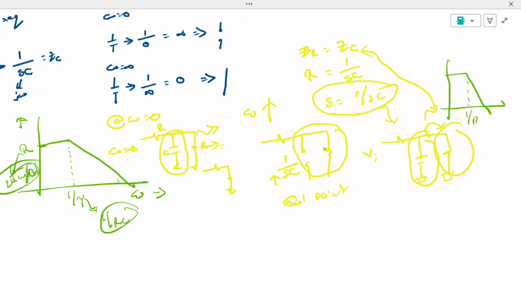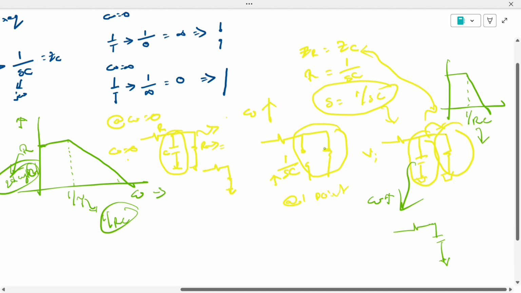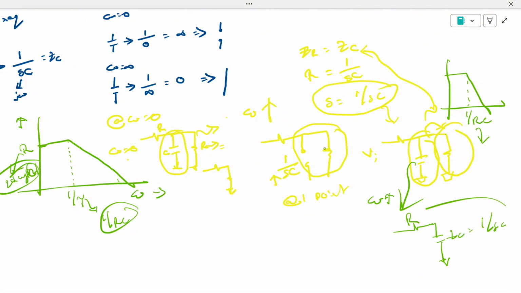In this Bode plot, this is the location of pole 1 by RC. Means at the point the impedances are equal, that is the point where it will give the pole. After that, if omega keeps on increasing, this impedance will start going down and the equivalent will keep on reducing and it will give only the capacitor impedance.